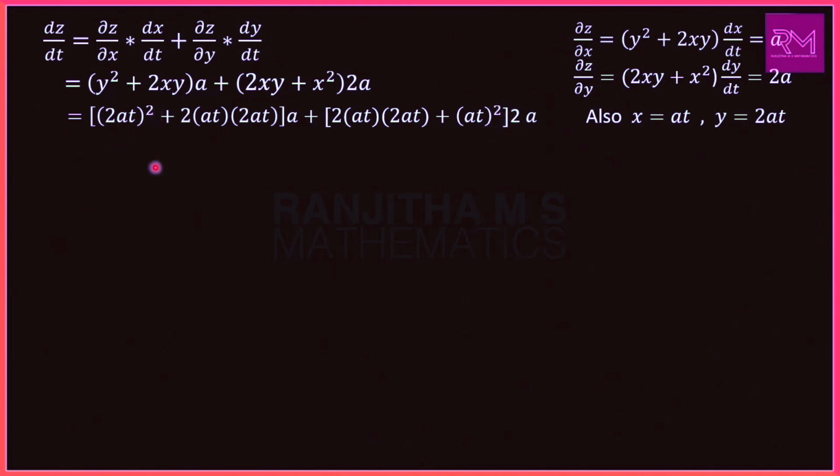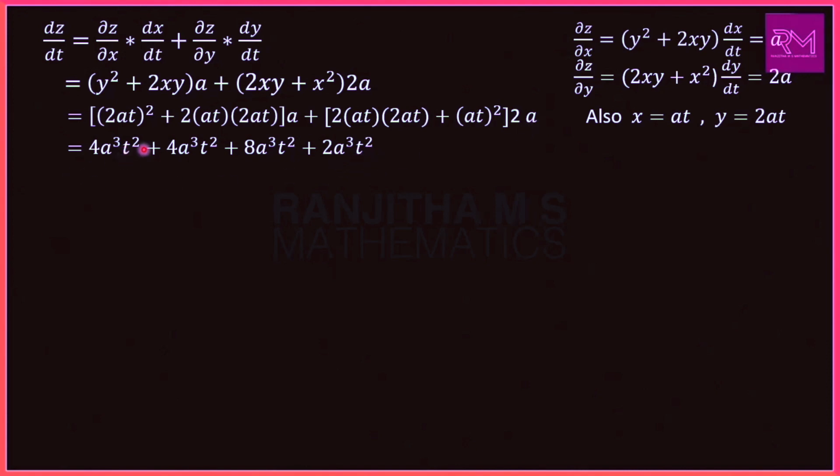Simplifying the terms, we get 2at whole square, which we can write as 4a square t square, multiplied with a, giving 4a cube t square, plus 2 into 2 is 4, at into at is a square t square, multiplied with a, giving 4a cube t square, plus 2 into at into 2at, which is 4a square t square, multiplied with 2a, giving 8a cube t square, plus at whole square is a square t square, multiplied with 2a, giving 2a cube t square.